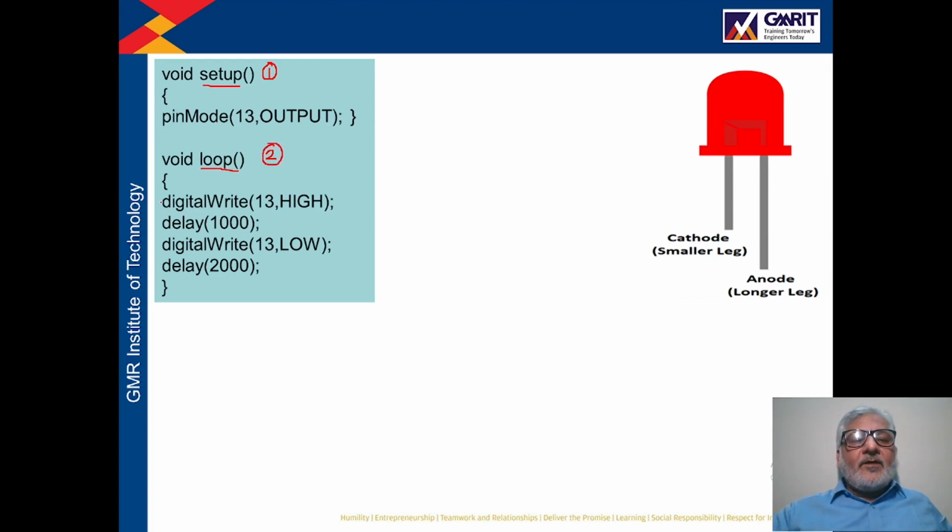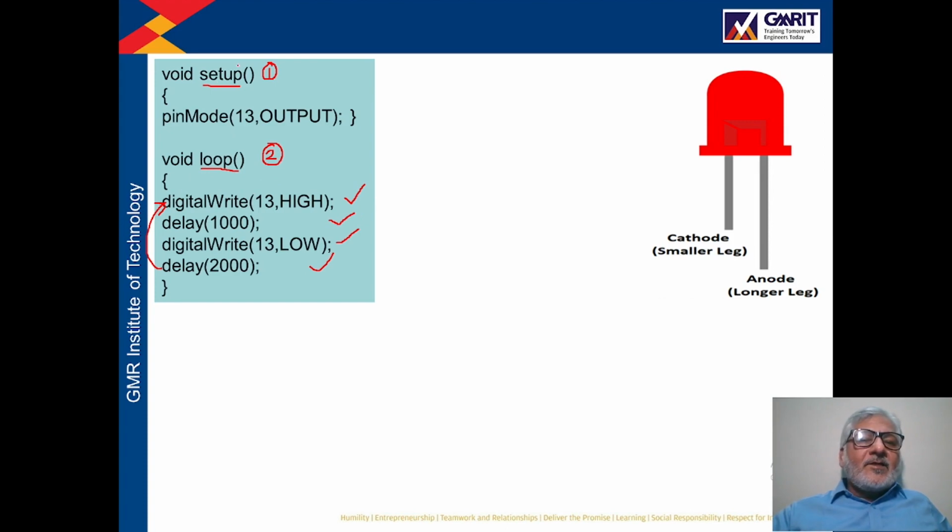Whatever statements we write inside loop will run in sequence: first this statement, then the next, then the next. After execution of the last instruction, again the first instruction will be executed, then second, third, fourth, then again the first. In this way the statements written inside loop will run continuously.